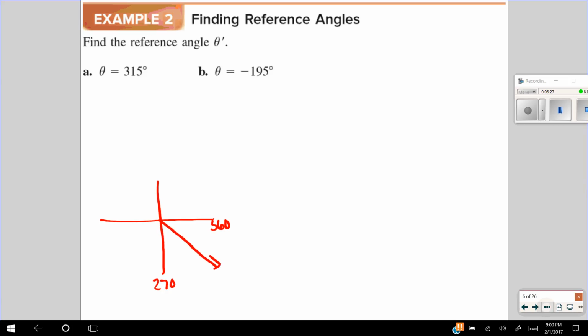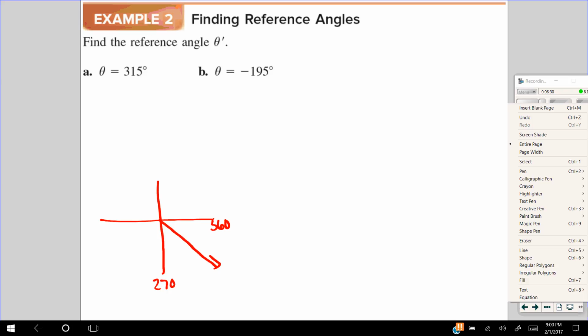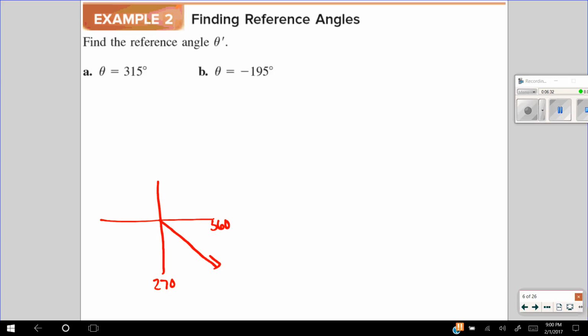Again, that reference angle is that angle such that when I connect it back to the x-axis, this is theta prime, the angle that's in that right triangle. So if this is 315 and this is 360, the reference angle is the difference between 360 and 315, which if you subtract that, you get 45 degrees. So our reference angle is 45.